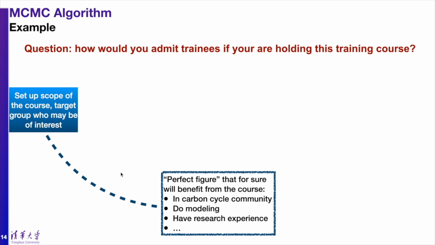When we do this in our mind, we are plotting the perfect figure that for sure will benefit from this course. For example, ideally, we may expect people who are in the carbon cycle community, doing some modeling work, and have already had some research experience.